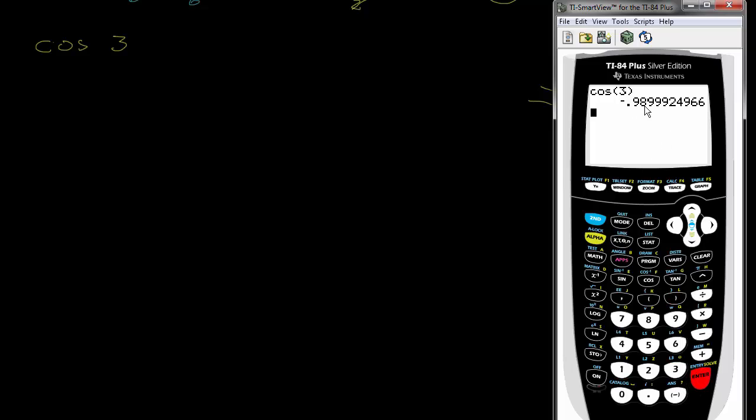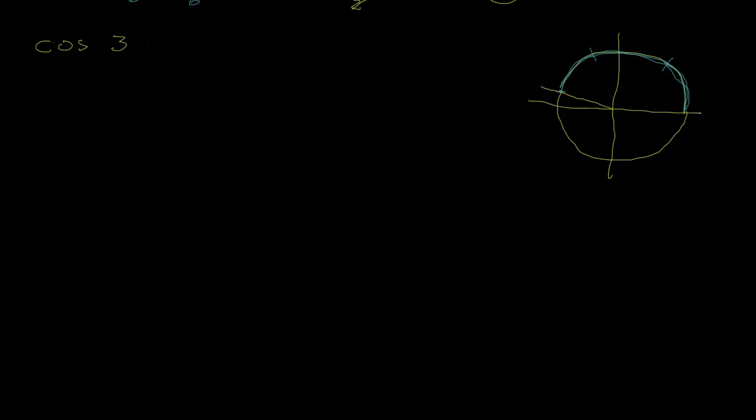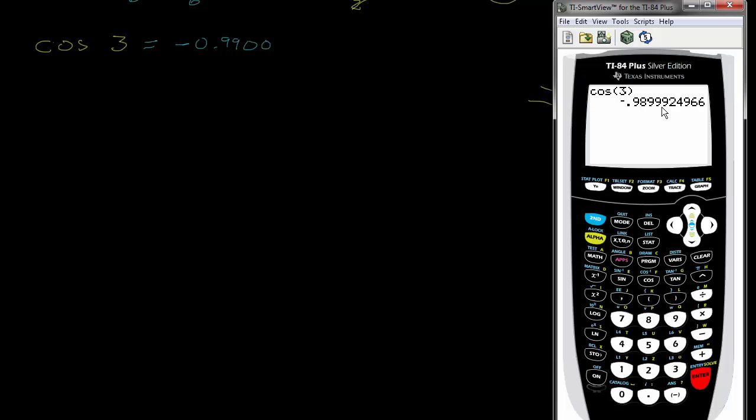Negative 0.9899, or if I'm rounding to 4 places, it's really negative 0.9900. Take a look at that. I'm rounding to 4 places, and this 9 rounds that to 10, which rounds this to 10, which rounds that to 9.